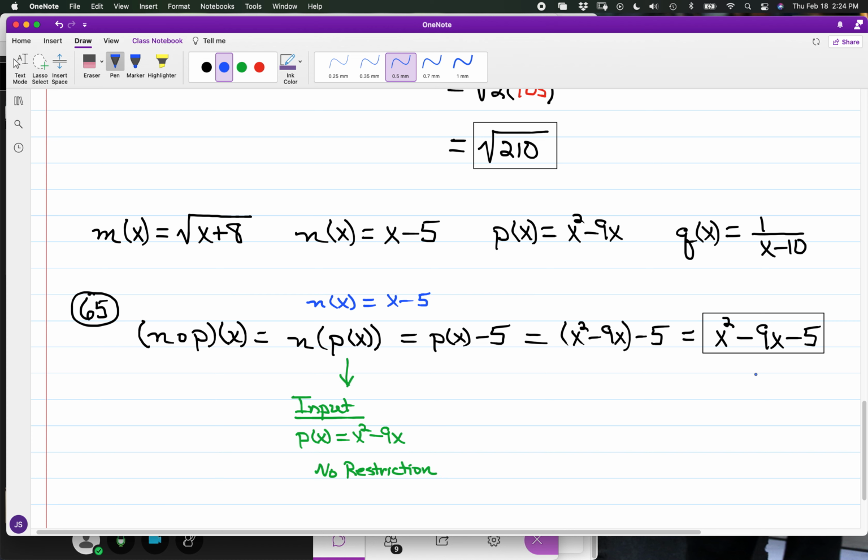Now as for what we have in the output, x squared minus 9x minus 5, you notice we don't have a fraction, we don't have an even root radical for x, and x could be anything: 0, positive, or negative. And just like the input, there is no restriction.